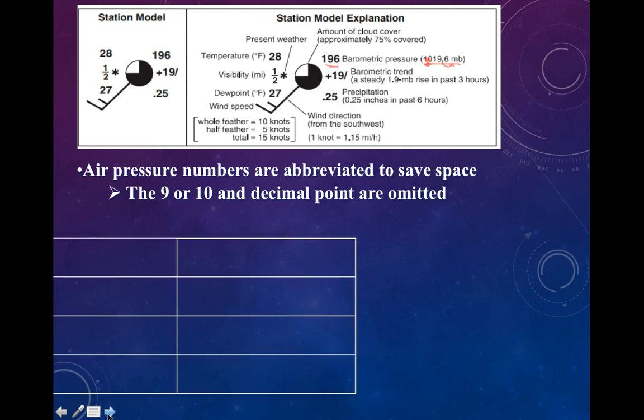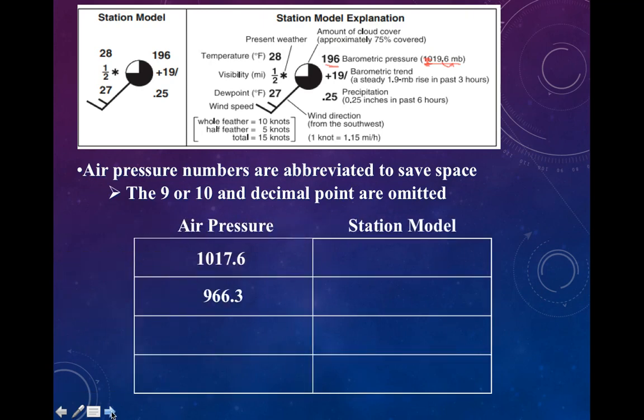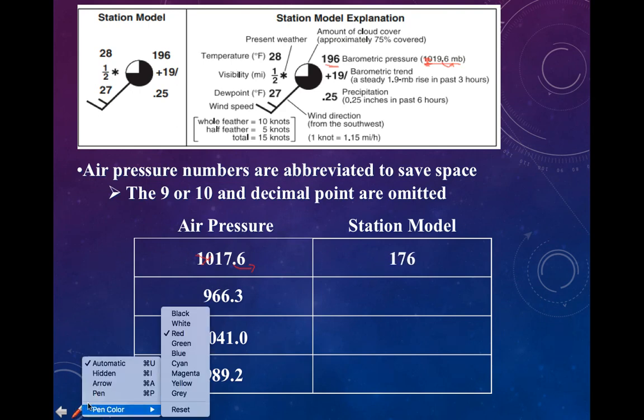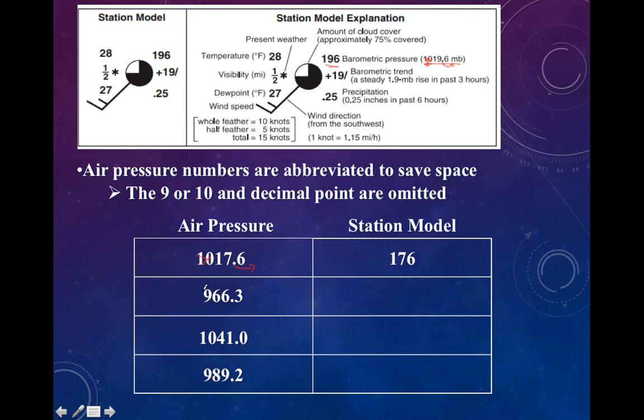Okay, so just to give you a few examples, let's say the real air pressure here is 1017.6. Again, what we need to do is get rid of the 10, move the decimal out, and on our station model, it would look like 176. This one is 966.3.